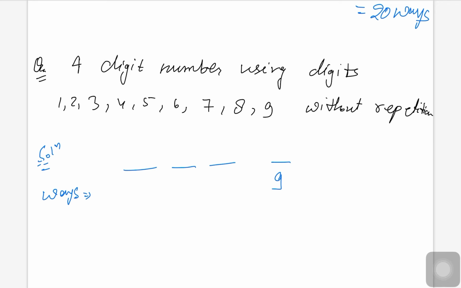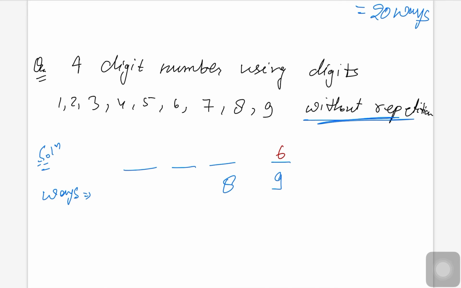Now let us assume you have selected any one number, let us say 6. Now you cannot repeat 6 because they are saying without repetition. Now how many digits are left? You will say, sir, 1 2 3 4 5 7 8 9, because we have to remove 6. So there are 8 ways for the tens place.